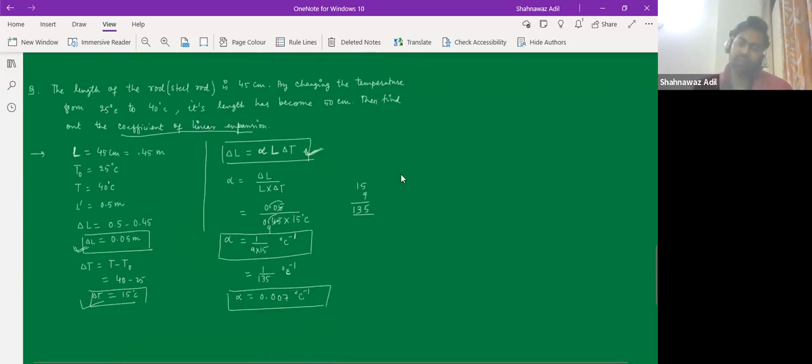So what did we do? We understood about this cubical expansion. In the earlier class, we talked about linear expansion. We are increasing the temperature of an object and it is increasing linearly, so that is called linear expansion. If it is increasing area-wise, that is superficial expansion.